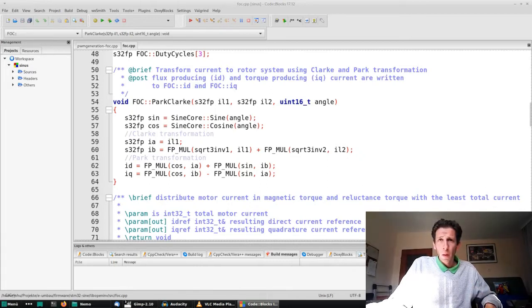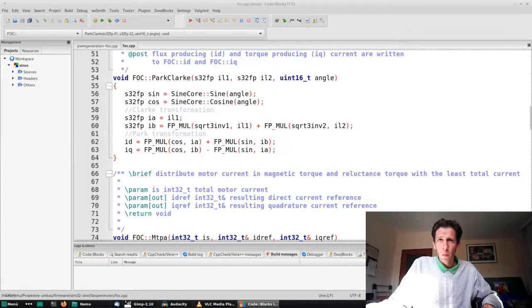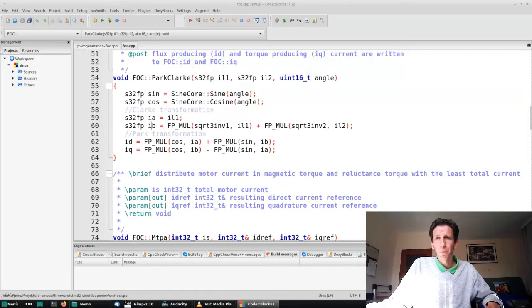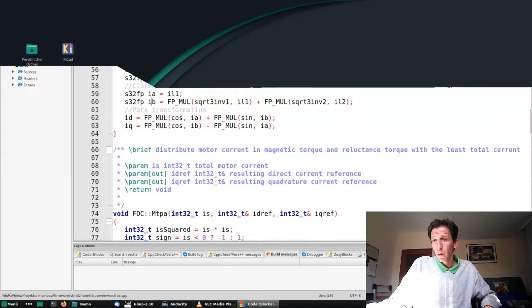And then here we have the transformation from 3-phase to 2-phase, the I alpha and beta current. And then here we have the rotary transformation from alpha beta to D and Q. Yeah, I think that's pretty simple code. Not many surprises here. 6 lines of code, that's all there is to it.